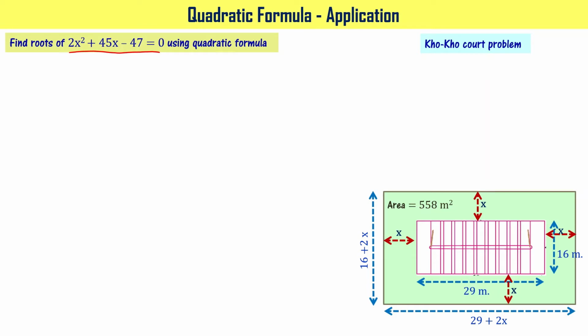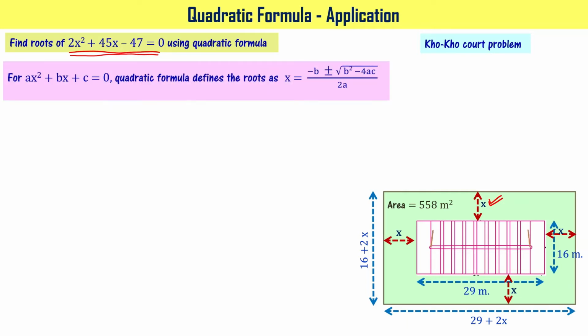For that, we have derived the quadratic equation that is given as 2x square plus 45x minus 47 equal to 0. Now we want to find roots of this particular equation using quadratic formula, so that we can define what is the value of this x, right?